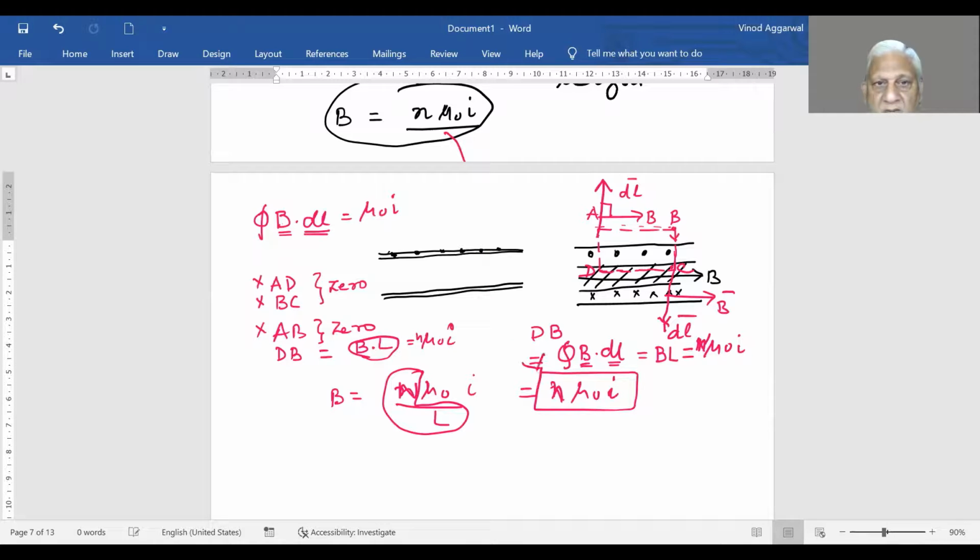This is how you can prove that the magnetic field within a solenoid is given by mu naught n I, where n is the number of turns per unit length, and I is the current flowing through it.